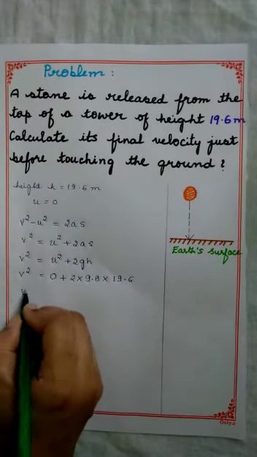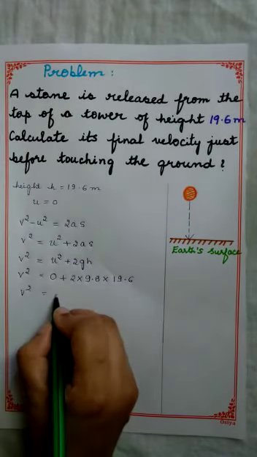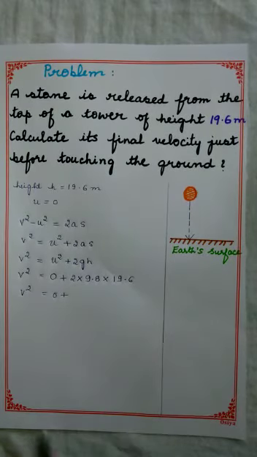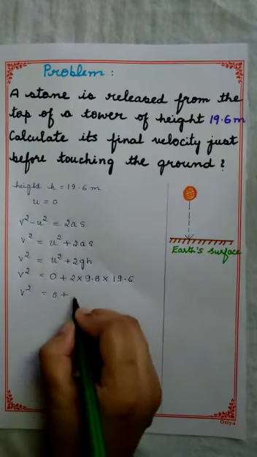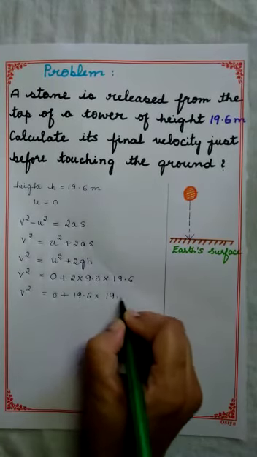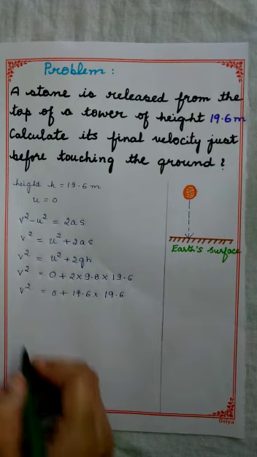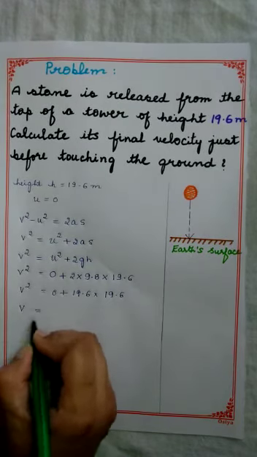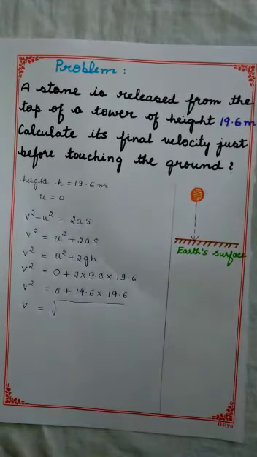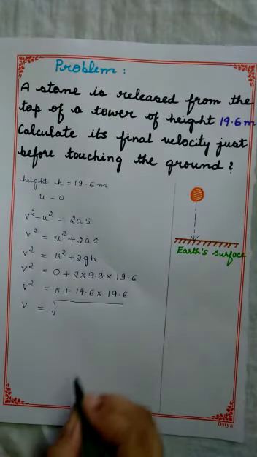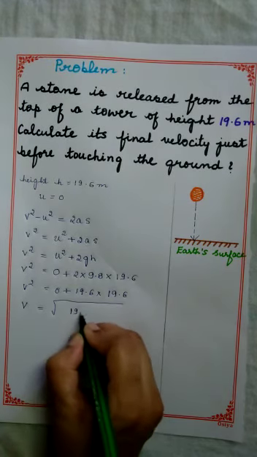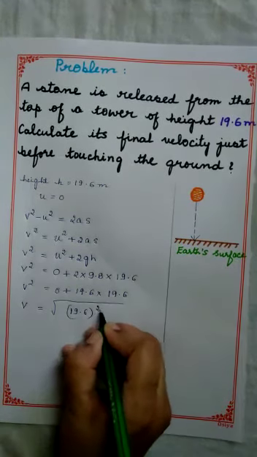In the next step, v square is equal to 0 plus, on multiplying 2 into 9.8, we get the value 19.6 into 19.6. We have to calculate the final velocity, that is v equal to root of 0 plus 19.6 into 19.6, we shall write it as 19.6 whole square.